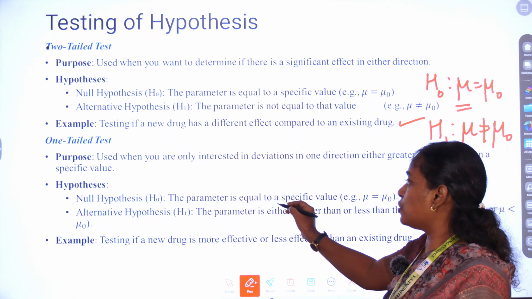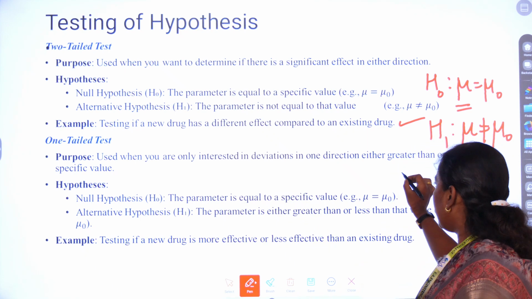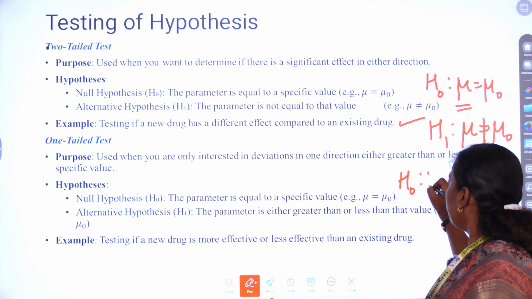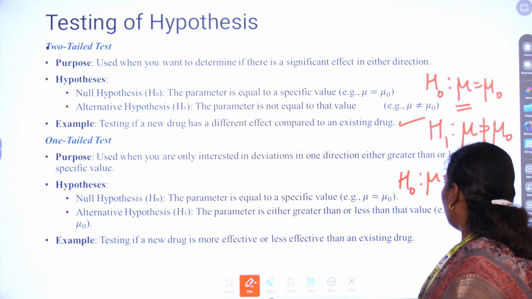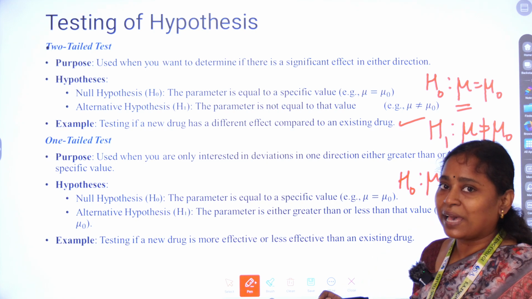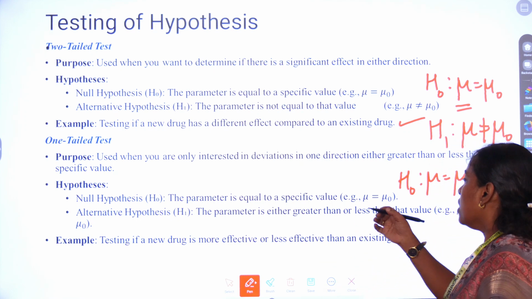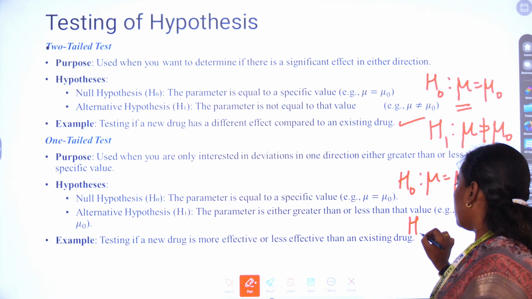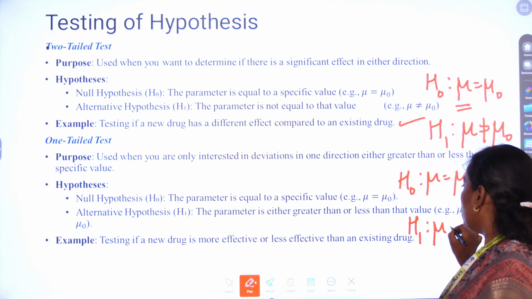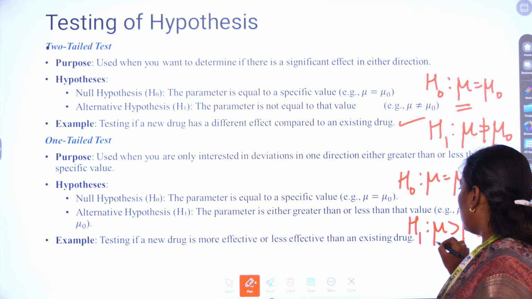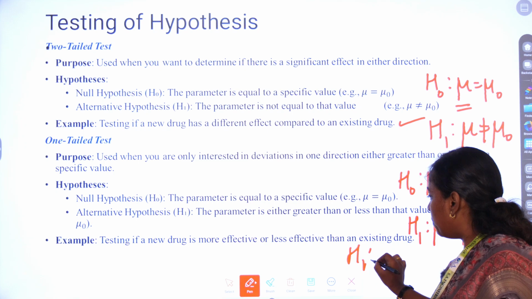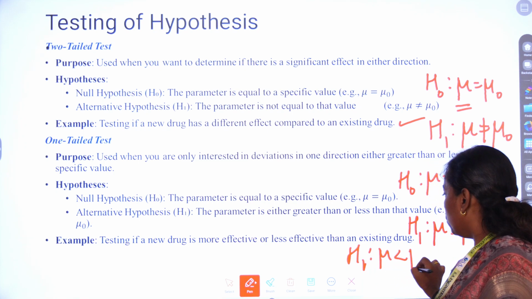So in such case, your null hypothesis will be the same. H0: mu = mu0. That is, the parameter has a specific value. Now what will be your alternative hypothesis? H1: mu greater than mu0, or H1: mu less than mu0.